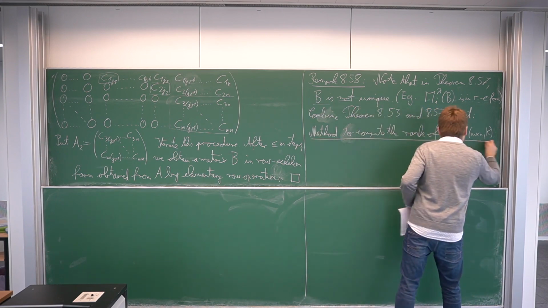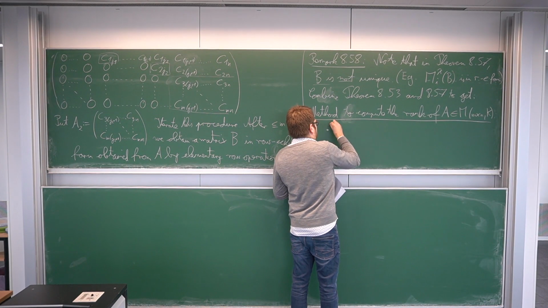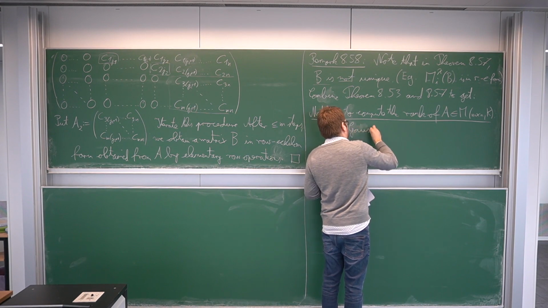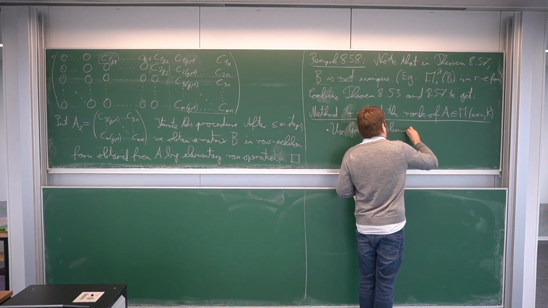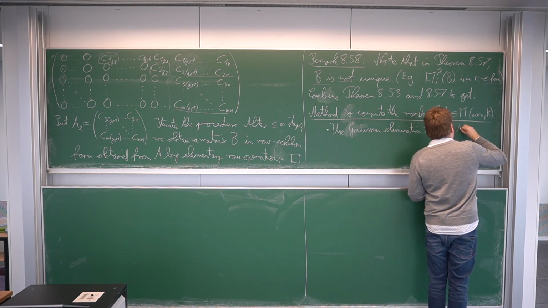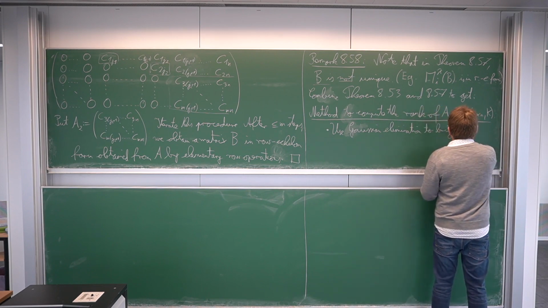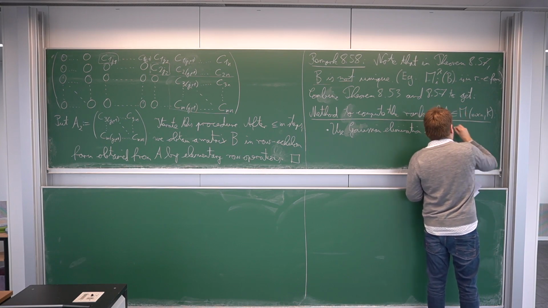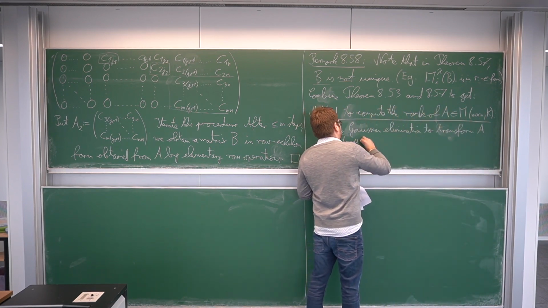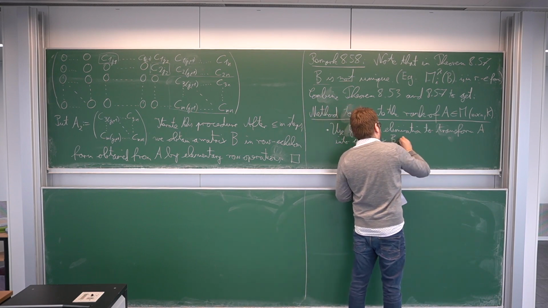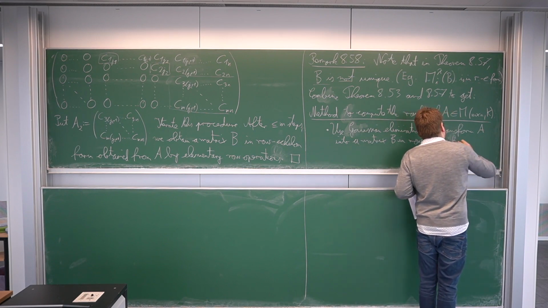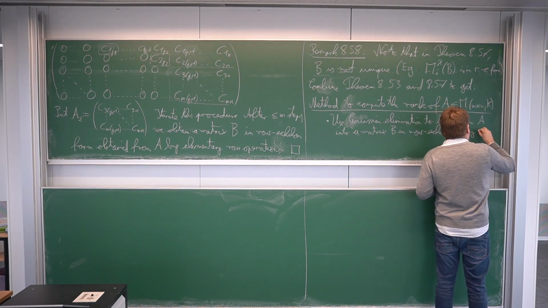So how can we now compute the rank? First step, use Gaussian elimination to transform A into a matrix B in row echelon form by elementary row operations.